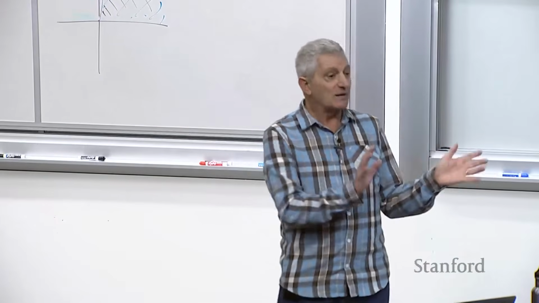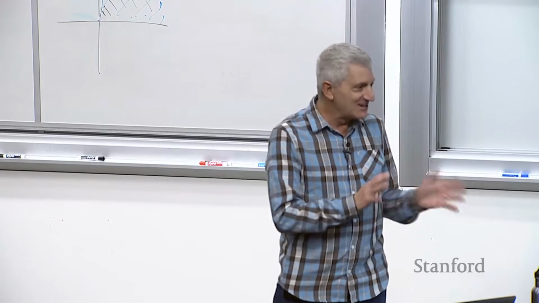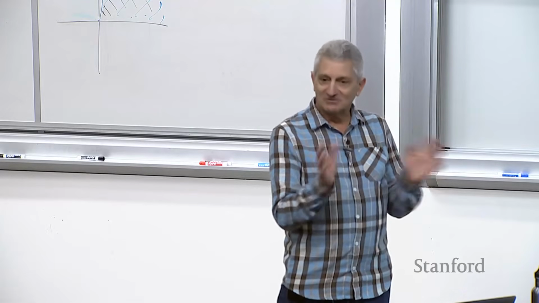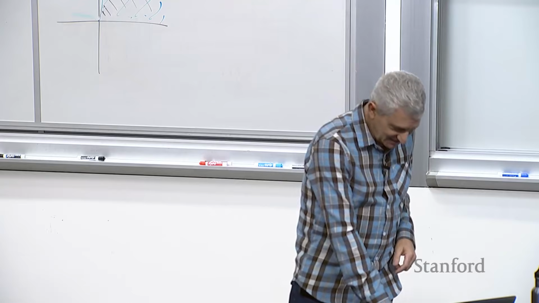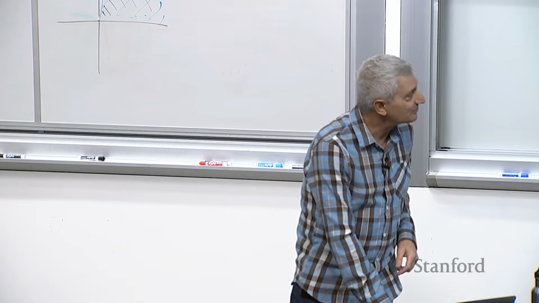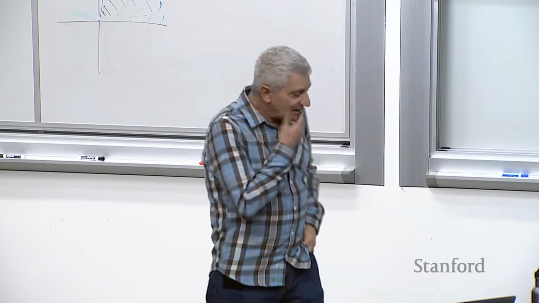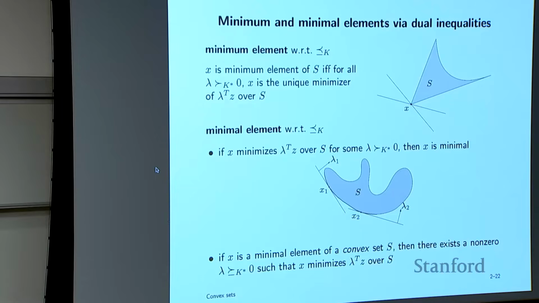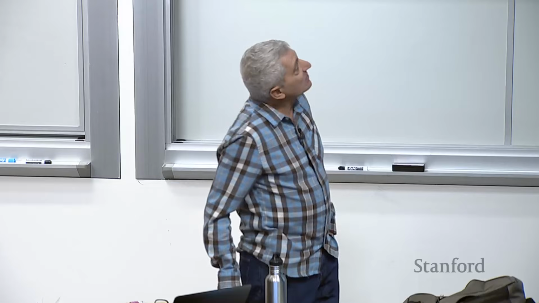Now, by the way, I don't think that you could get all of it now. So if you didn't get it all, not a problem. You will have many, many chances to get this later. Okay. Now, it turns out there's connections between minimum, minimal, and dual cones and things like that. And this is actually going to end up being super important in a lot of practical stuff that we'll see later. Actually, a lot of times you've already seen it, right? So in other contexts, right?